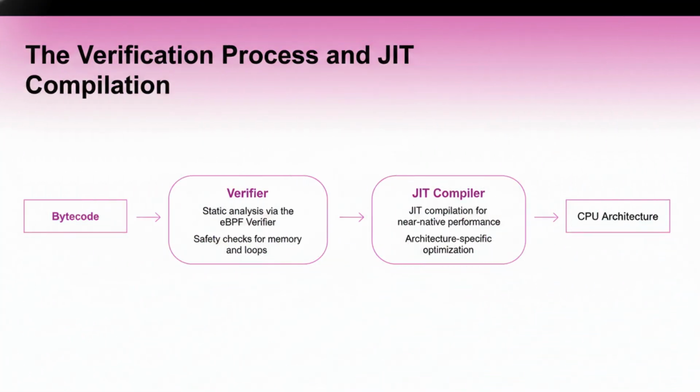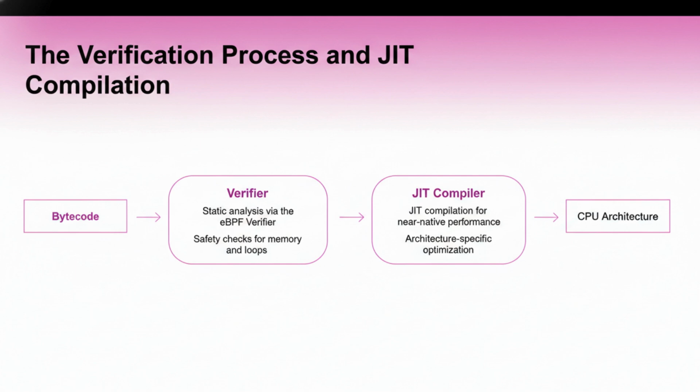Safety is paramount in high-availability environments. Before an eBPF program is loaded, it must pass through the eBPF verifier. This gatekeeper performs a static analysis of the bytecode to ensure it doesn't crash the kernel, access forbidden memory, or hang the system. It checks for a bounded number of instructions and ensures all paths lead to an exit.